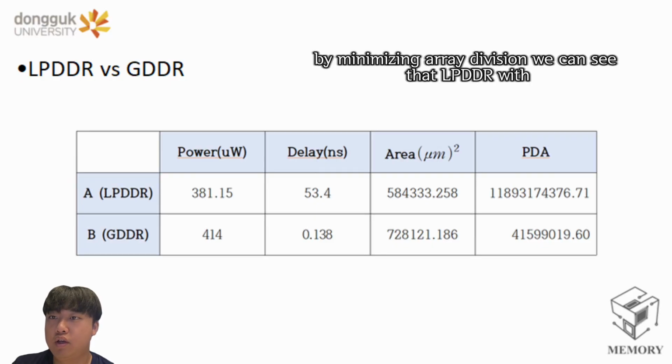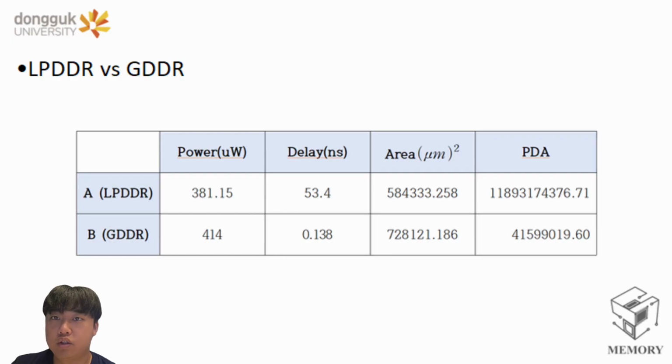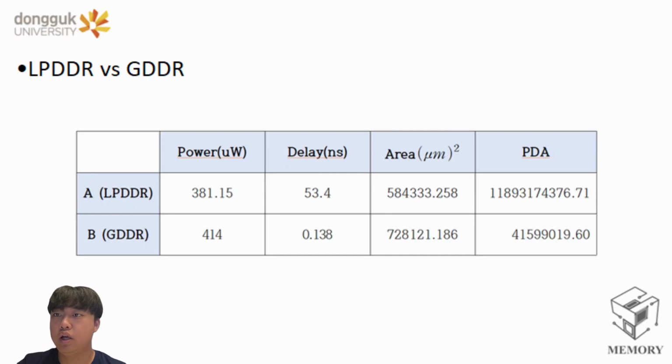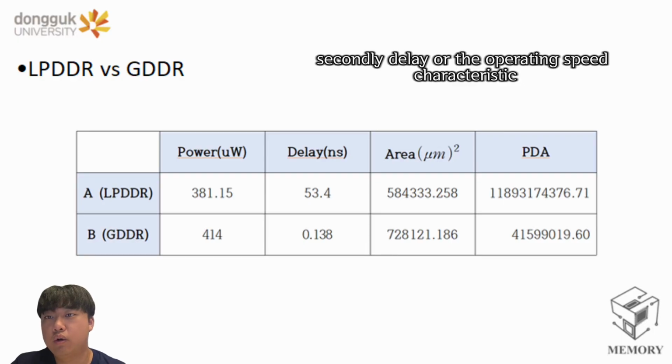By minimizing array division, we can see that LPDDR with shared peripheral control circuits has a definite advantage in terms of power consumption. Secondly, delay, or the operating speed characteristic.